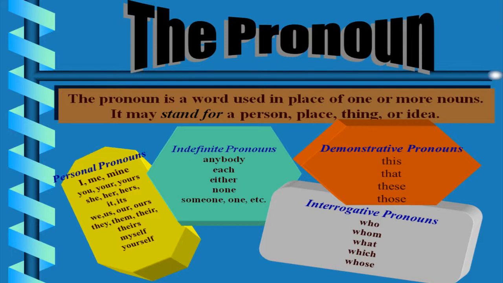The examples of indefinite pronouns are anybody, each, either, none, someone, one, etc. The examples of demonstrative pronouns are this, that, these, those. And the examples of interrogative pronouns are who, whom, what, which, whose.